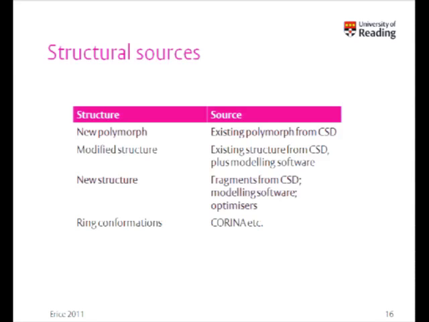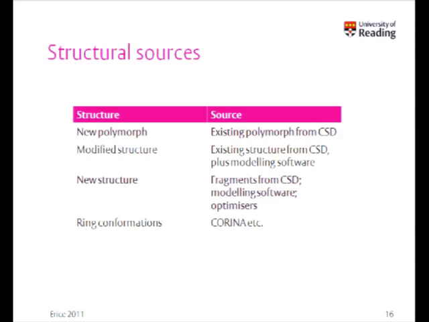So when we start to ask questions about where can we get good starting structures from, there are various places that we can look. Imagine that you have a second form of some known material, a new polymorph. Then as your starting model, it would be eminently sensible to use the molecular structure that's already been determined for the known polymorph. If it's some modification of an existing molecule, then you should probably use that existing structure taken from the CSD, but modified in some way, maybe through modeling software or even manual manipulation of files.